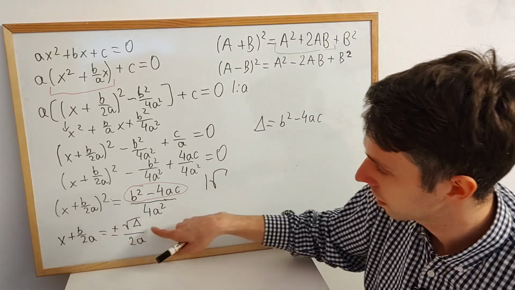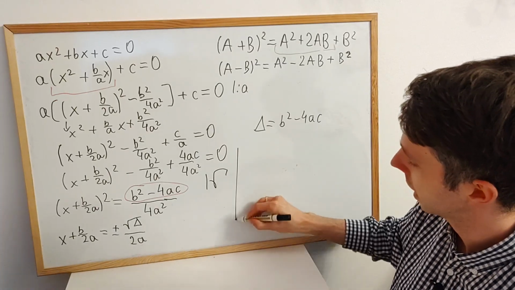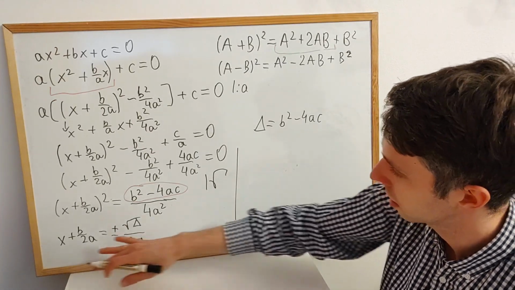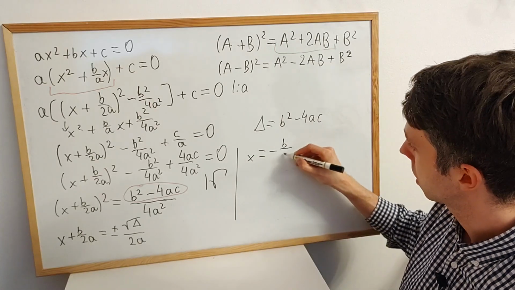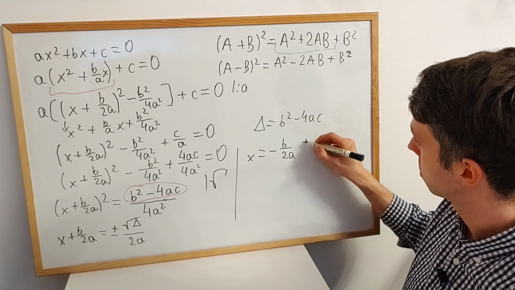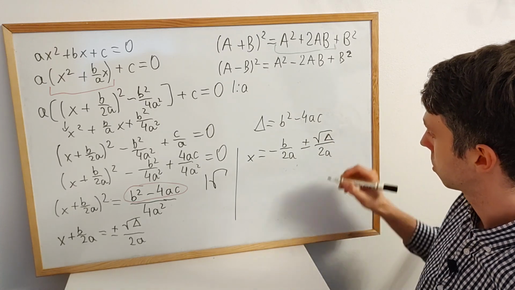So if you keep x on the left side and move anything else to the right hand side, you get that x equals minus b over 2a plus or minus square root of delta over 2a.